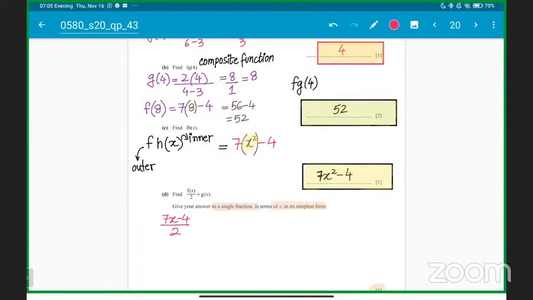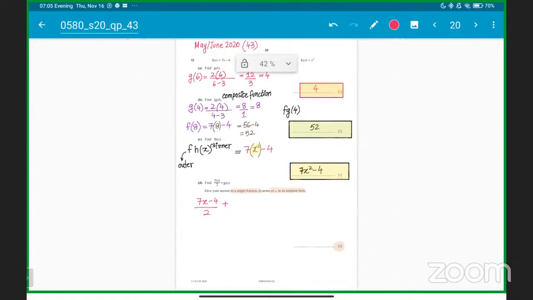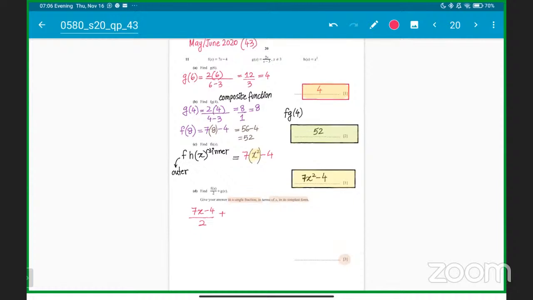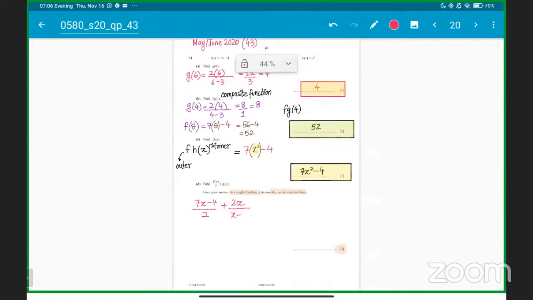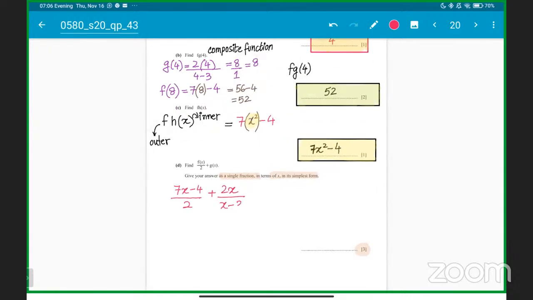I put the f(x) function first in the numerator, plus you have to put the g(x) function as well. That is basically 2x over x minus 3. So that's the question, okay?